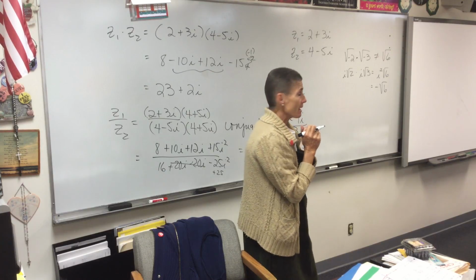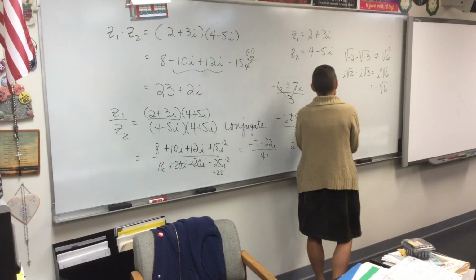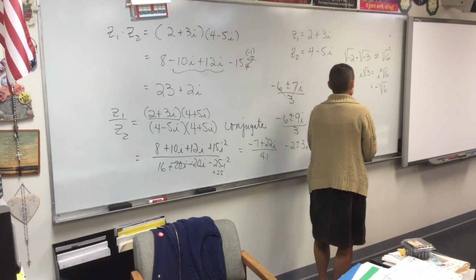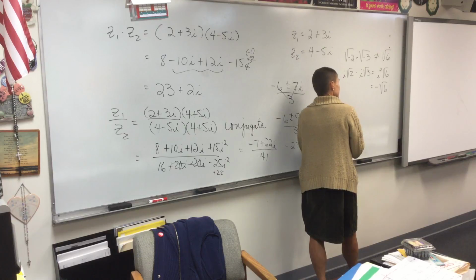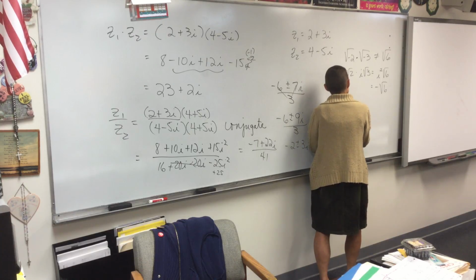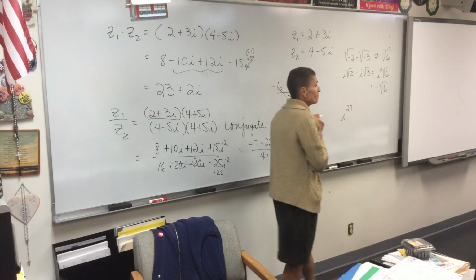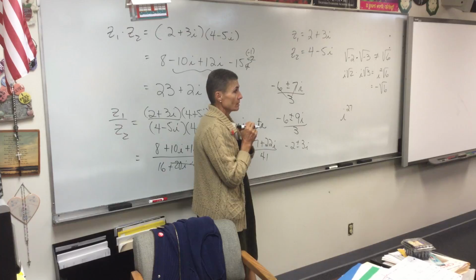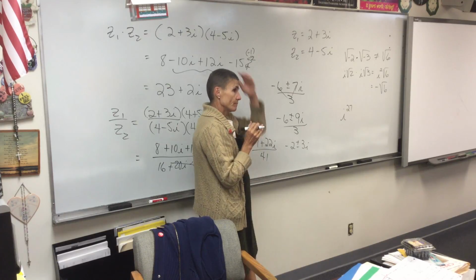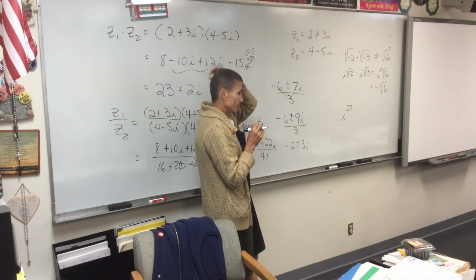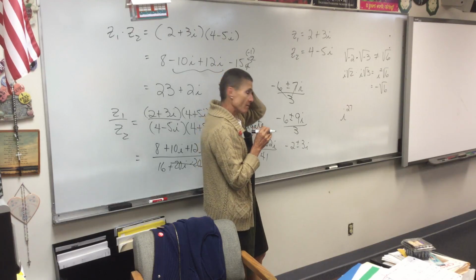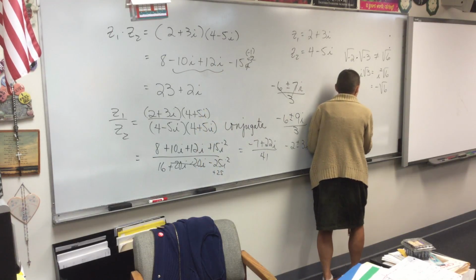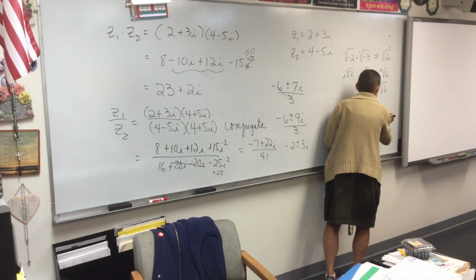Okay? And then the other thing is, and quite honestly, I know of no practical application of this. I know of no one who does this in the real world, but it's in every math book, so we're going to go ahead and do it. i to the 27th. Simplify i to the 27th power. Okay, let's think about that for a second. That would mean all these i's times each other, right?